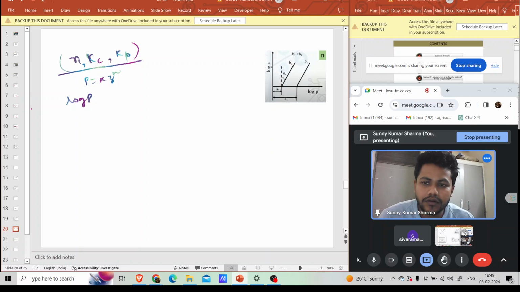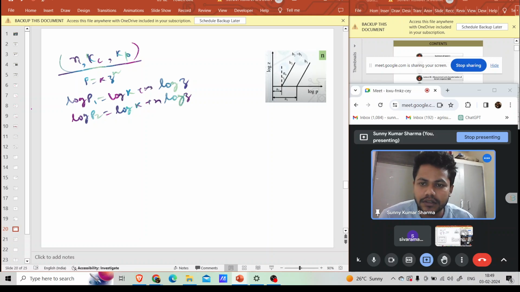If you take log of both sides, and suppose you are using two plates, then for one plate, log p1 is log k plus n log z, and for the second plate we have log p2 equal to log k plus n log z.